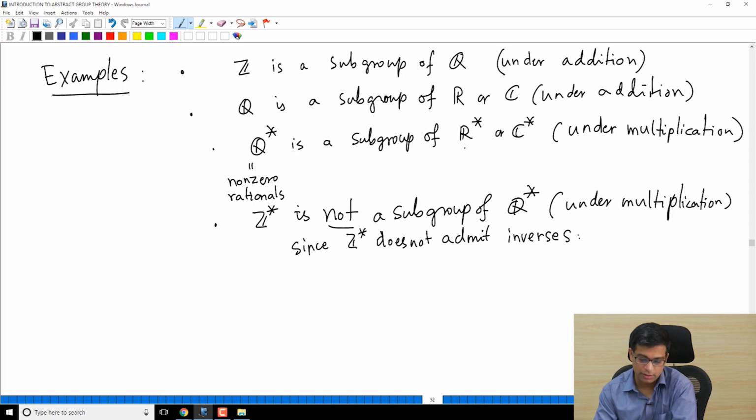Note that the reason is the same as the reason that we saw in an earlier video, that Z star is not a group. So, it can't be a subgroup of Q star. Okay.